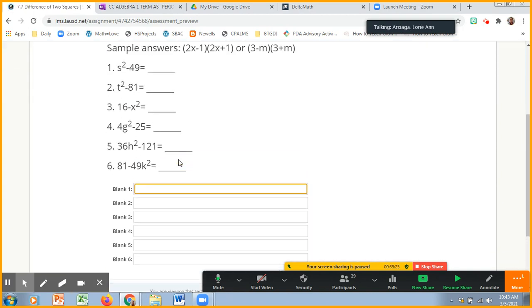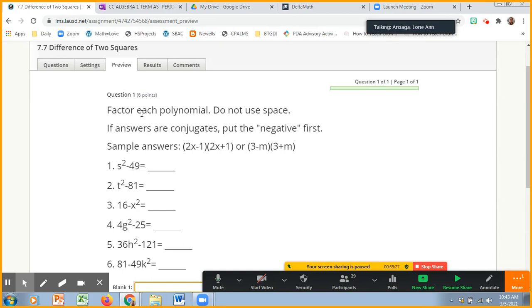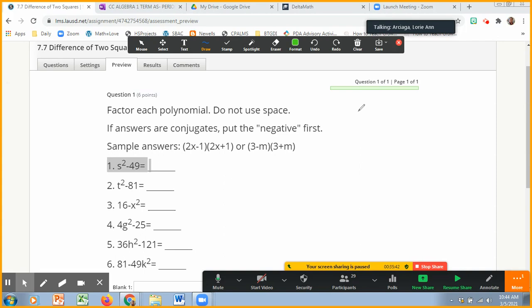So they're trying to factor s squared minus 49, such as this one, right? So if I can give you a quick example here, suppose I have x squared minus 100. So this is x times x, and this is negative 10 times 10.